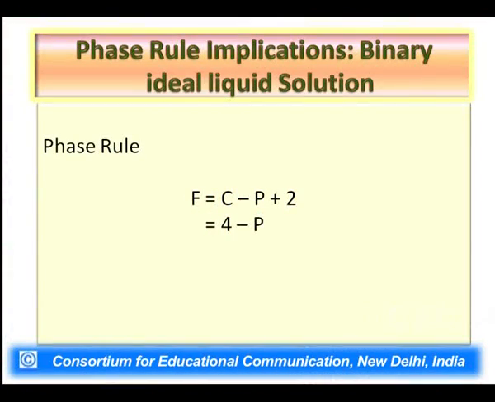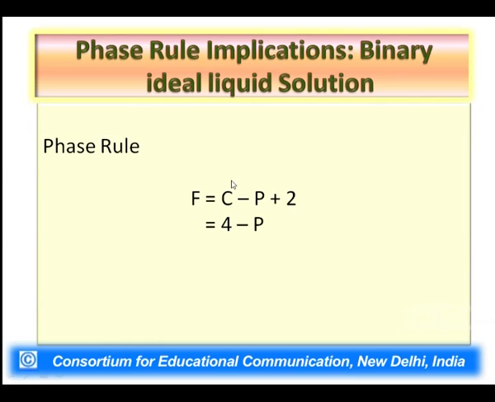So, having said this, now let us apply the phase rule and see whether we can draw a phase diagram out of it. What does the phase rule say? The phase rule is a general rule which relates the number of components and the number of phases present in the system.